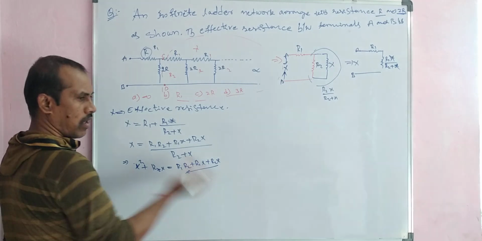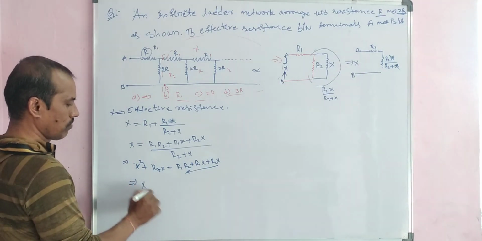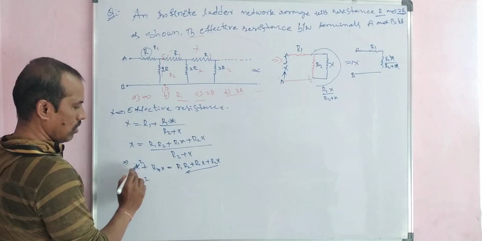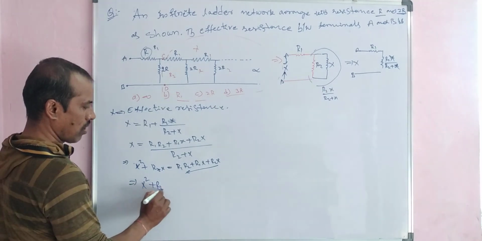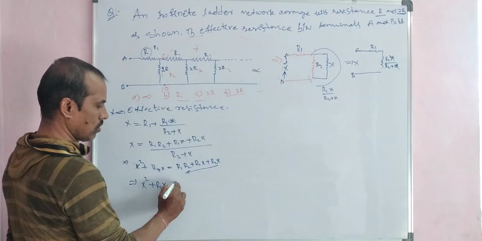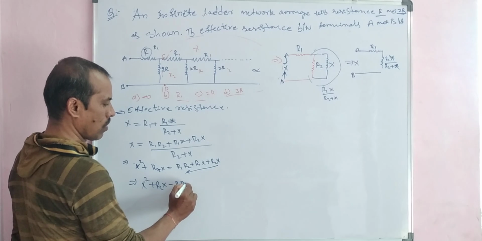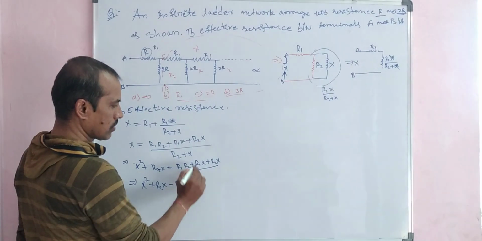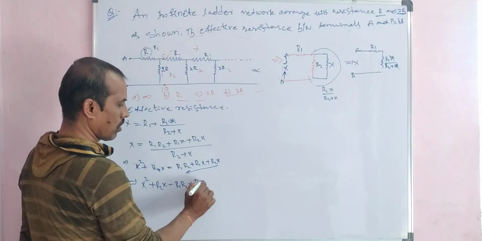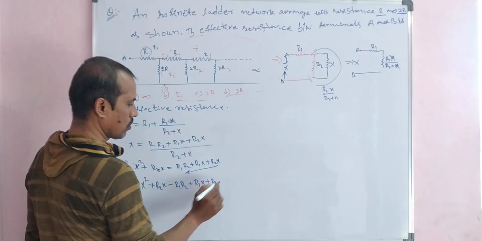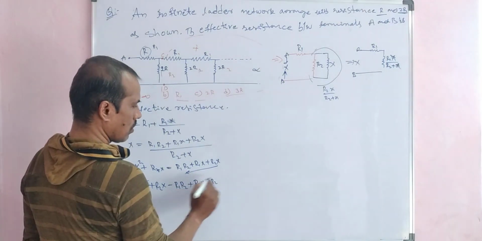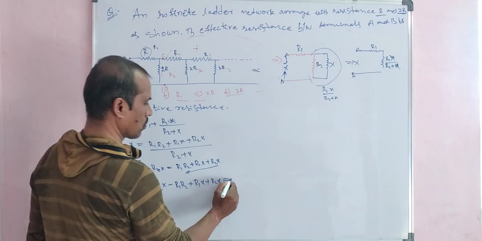Taking these terms to the left side and simplifying: X square plus R2X minus R1R2 minus R1X minus R2X is equal to 0.